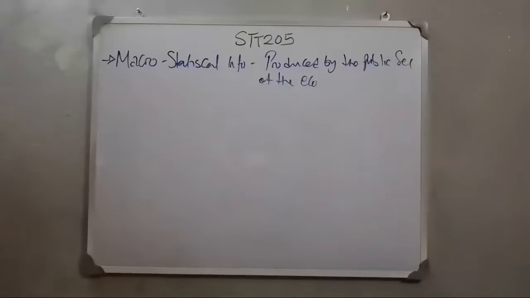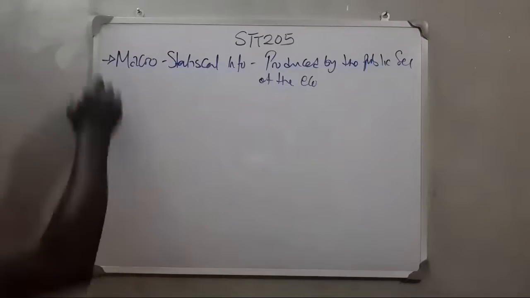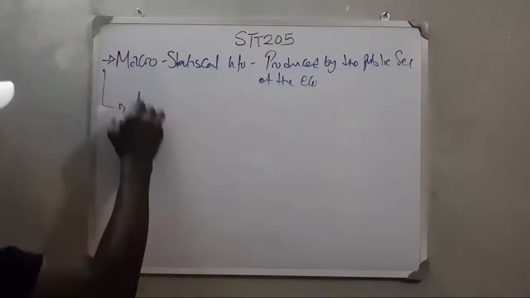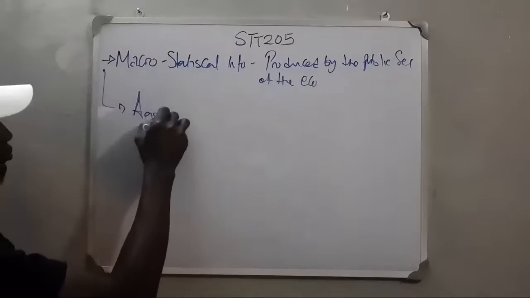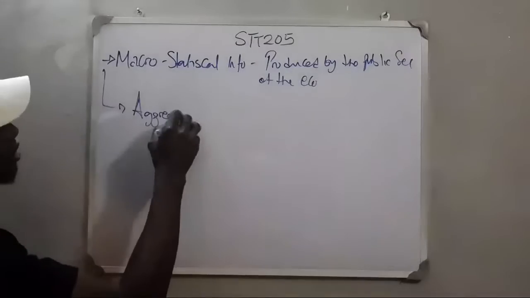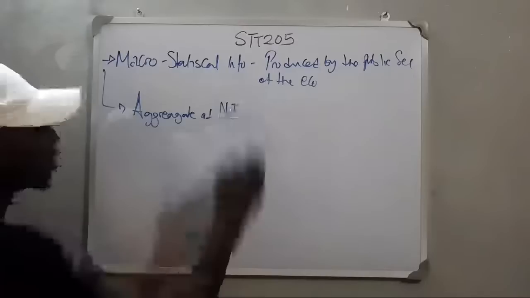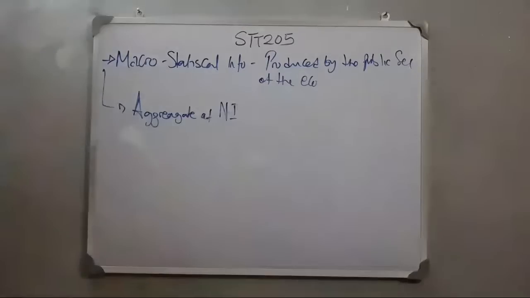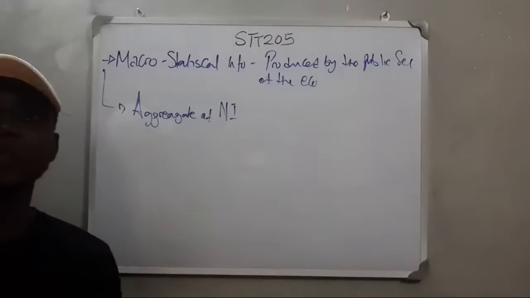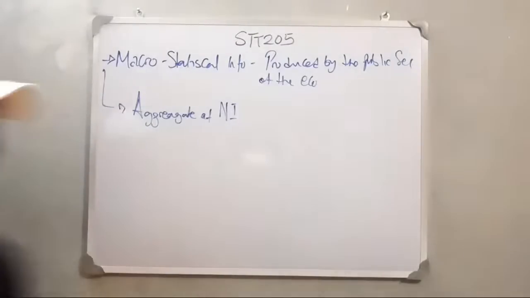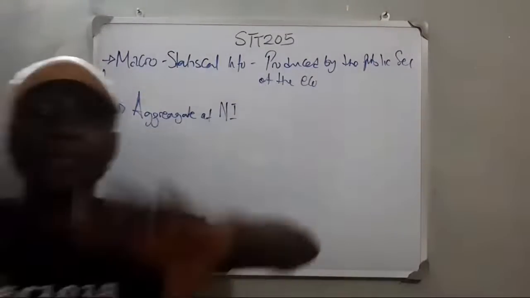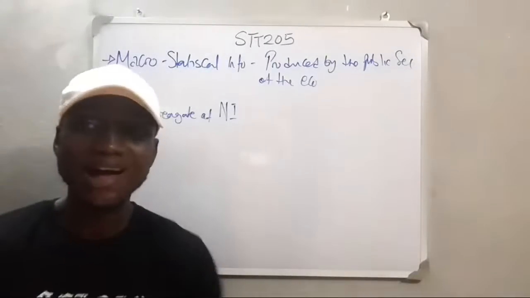It says here that it is concerned with economic activities like aggregate of national income. Just like I said earlier, we're talking about statistical information on a broad level, looking at the economy at large.